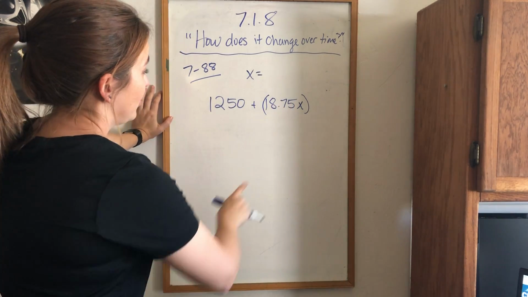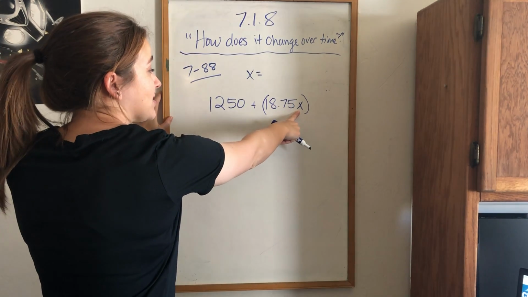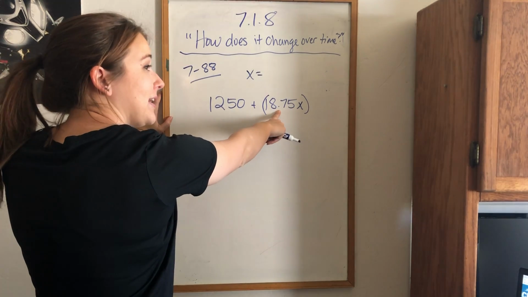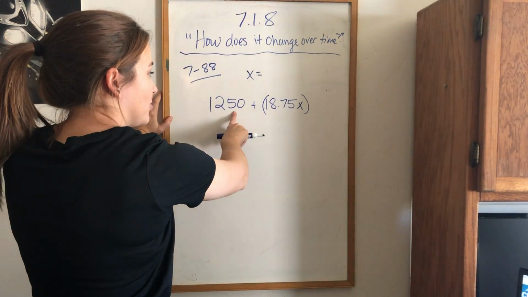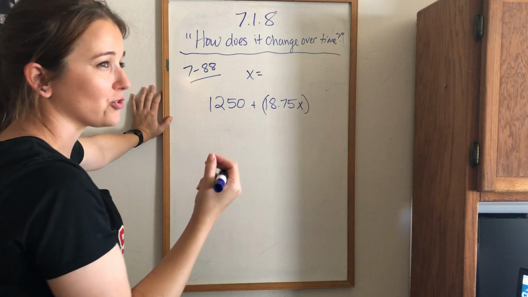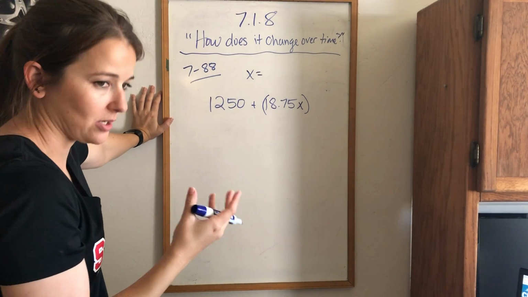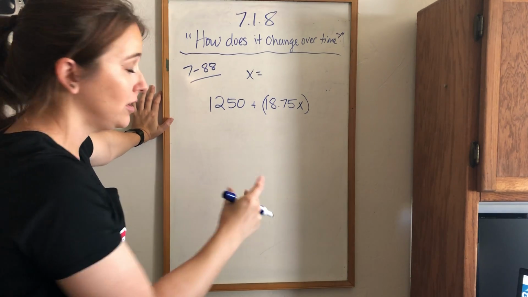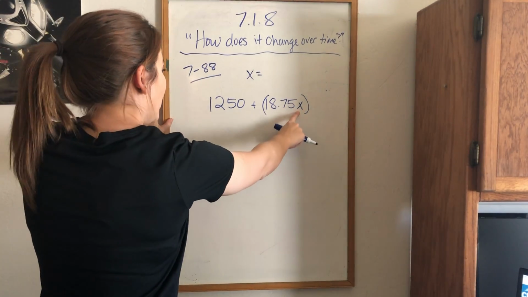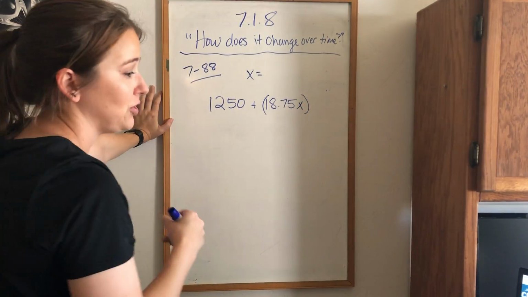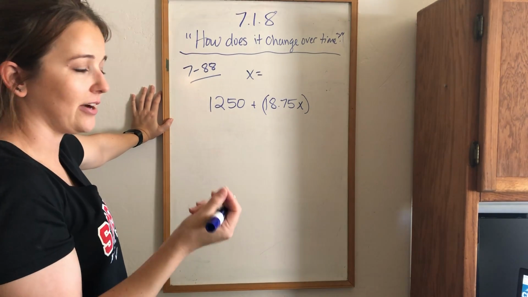Because now you can plug in any number of weeks here, times that by 1875, add it to 1250, and you'll get your total amount owed for that particular week. You could put 100 weeks in there, you put 200 weeks, you put 1,000,000 weeks, and you'd be able to calculate this.